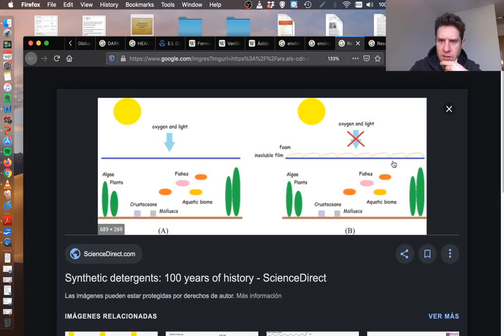This is the water, and inside the water we have fishes, aquatic biome, which means we have plants, mollusks, crustaceans, and we put a lot of foam on the surface. Yes, on the surface. Well, so it's very difficult for the light to reach the plants here in the water, algae and plants. So they are not generating oxygen.